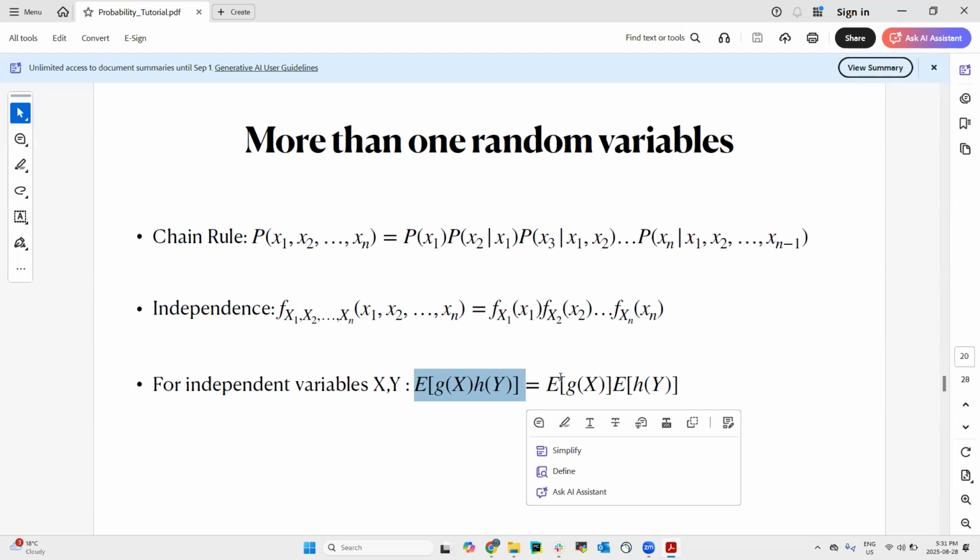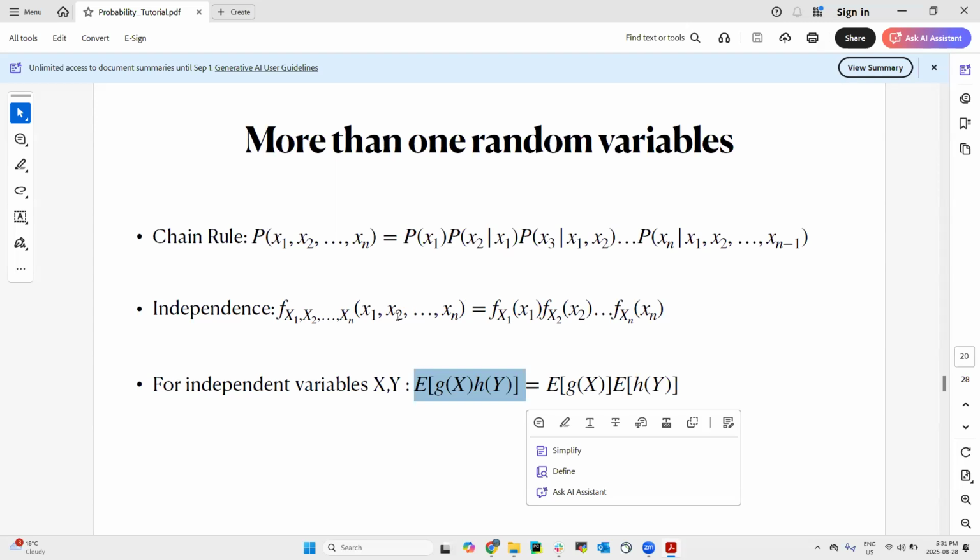So think about expected value as being linear, so you cannot say things like E of G times H equals E of G times E of H. It's only true if you have this independence assumption. Make sense? Any questions?